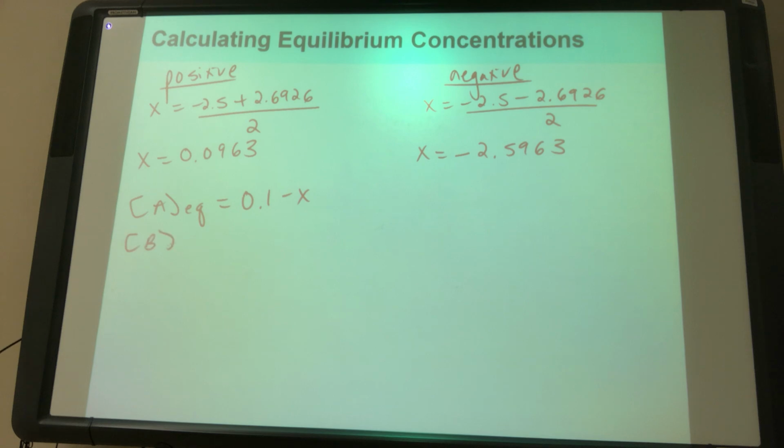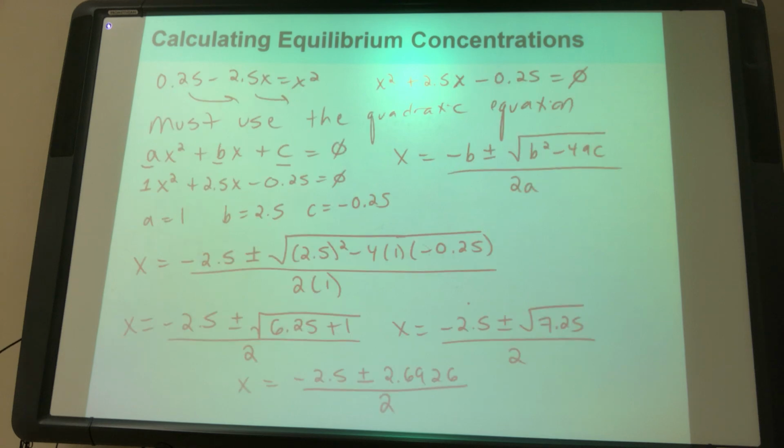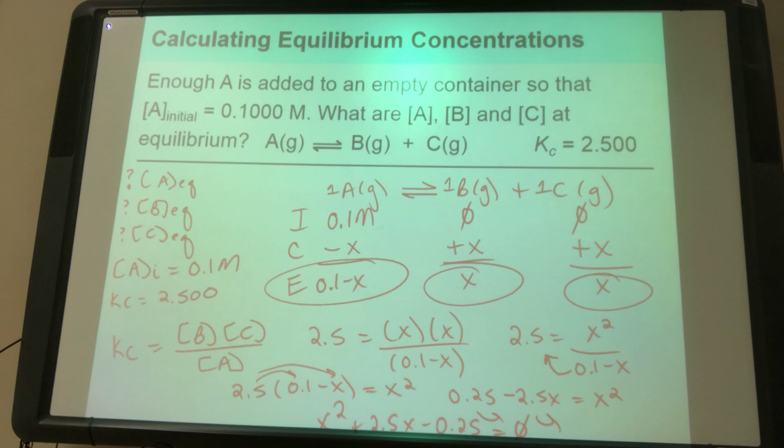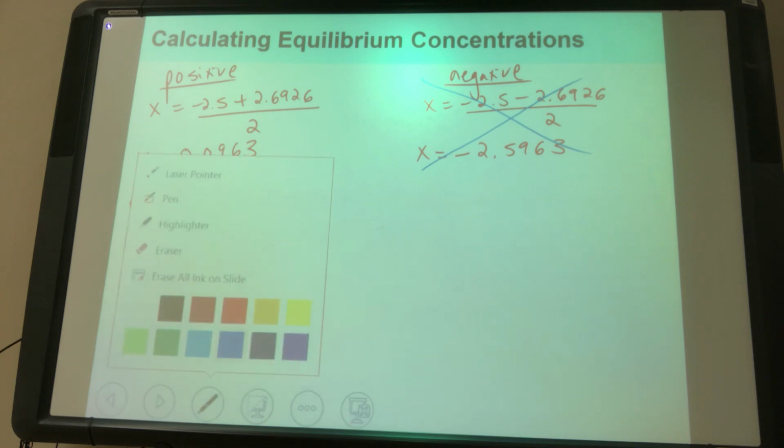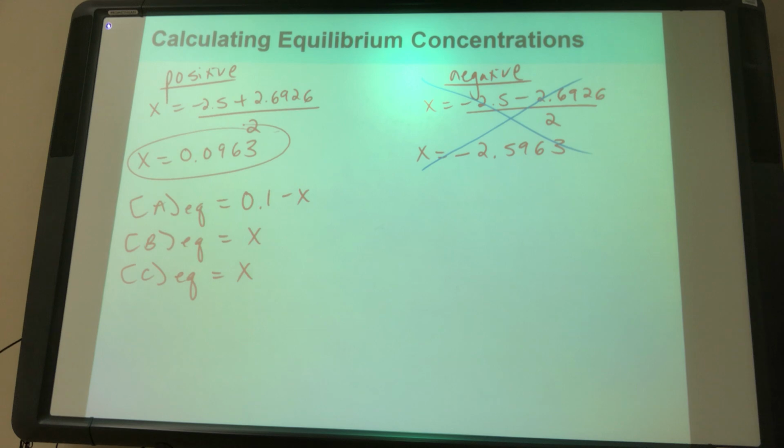My B at equilibrium was x, and so is my C. So x and my C at equilibrium was x. Okay, so same thing. If this is x, my x cannot be a negative concentration. So that means this is a no-go because I cannot have a negative concentration. So that means that this is the x I'm going to use.